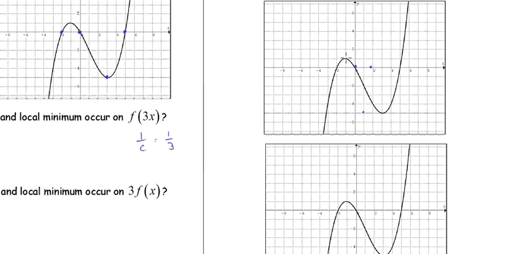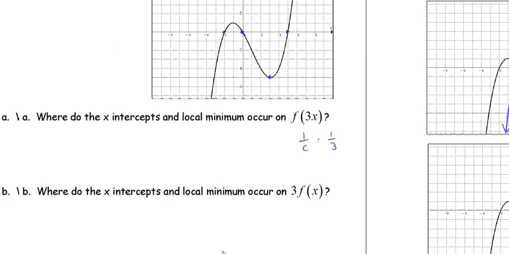Our maximum here at 1/2 will happen at 1/3. Your graph's going to look something like this, and I'm just sketching very roughly. It's been compressed to 1/3 its size.